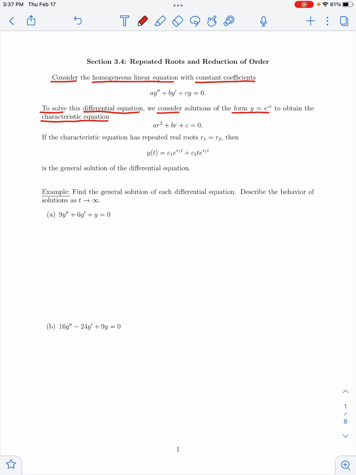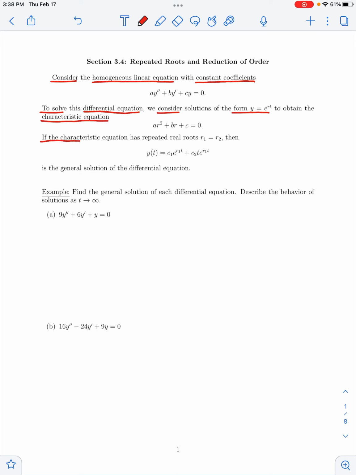In our earlier sections, we've already considered the case where the roots of that quadratic are real and distinct, two different real numbers, or where we had complex conjugate roots. But what about the case of repeated roots?